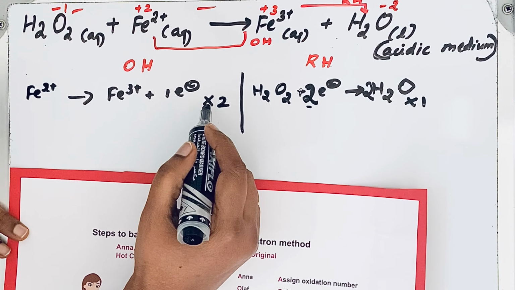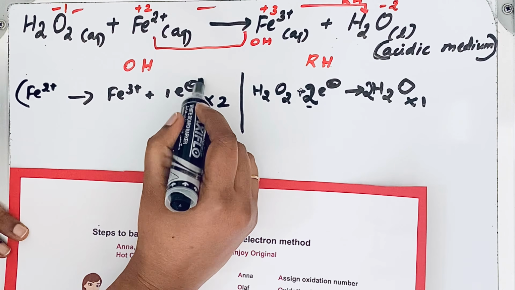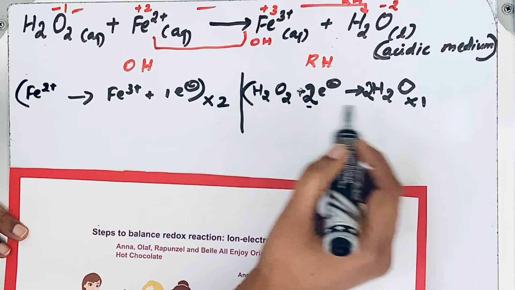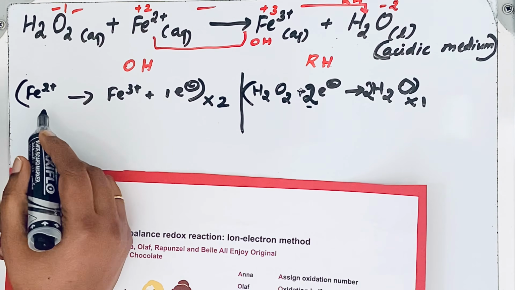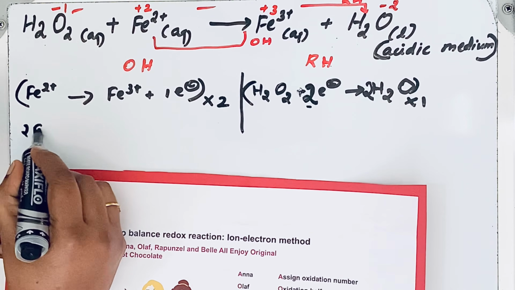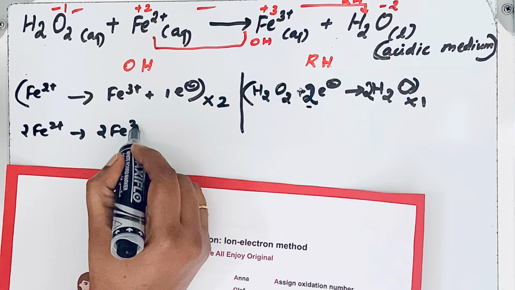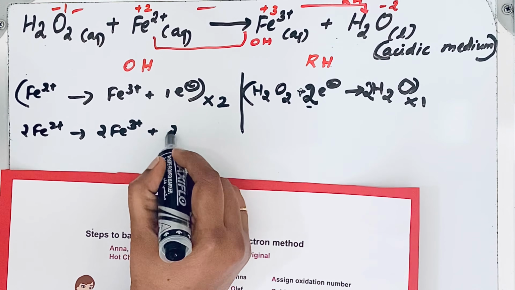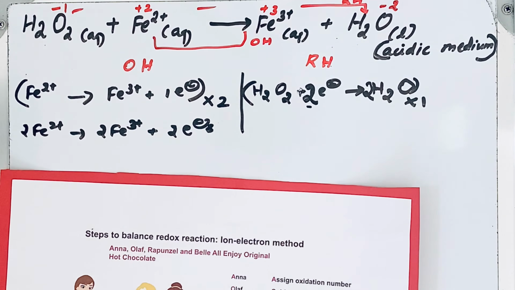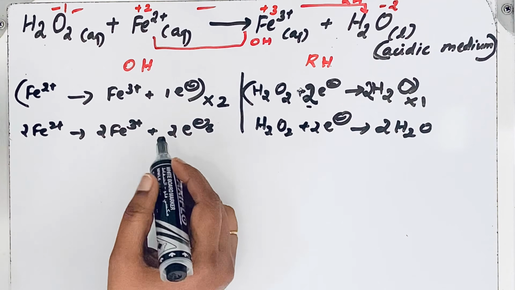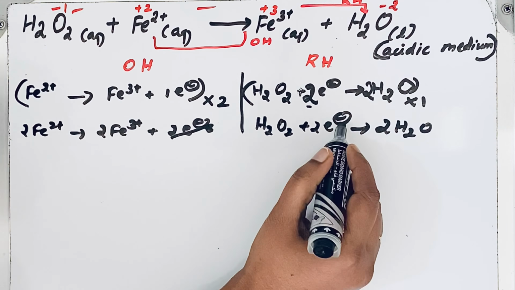When we are multiplying, you need to multiply the whole half reaction by 2, and here the whole half reaction by 1. So write 2 Fe2+ to 2 Fe3+ plus 2 electrons. Same way we can write the other. Now electrons are equal, so we can cancel electrons.